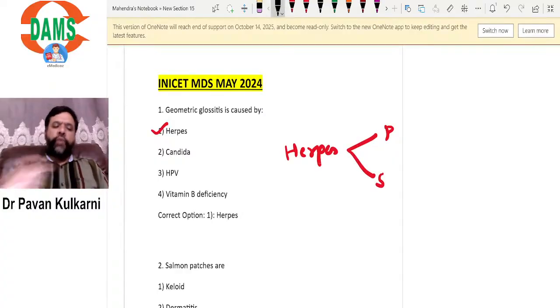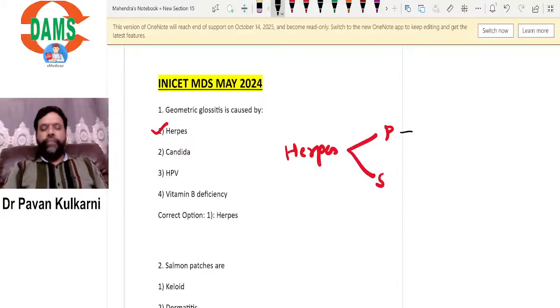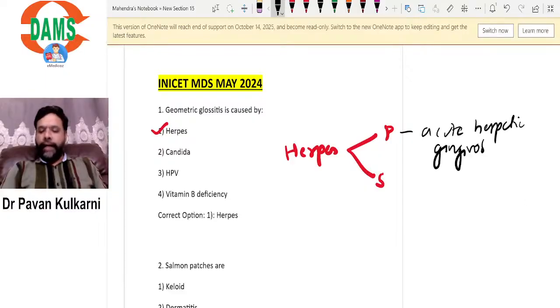Primary herpes means the patient will have painful ulcers, which is called acute herpetic gingivostomatitis.